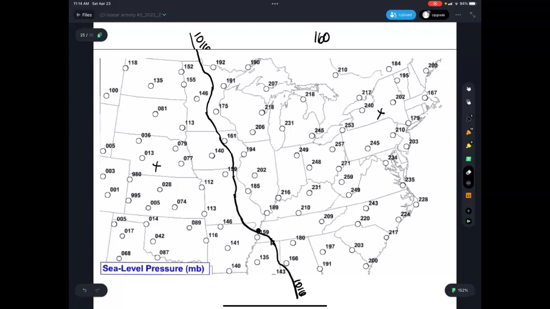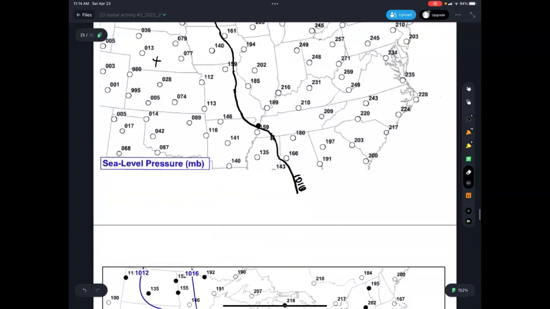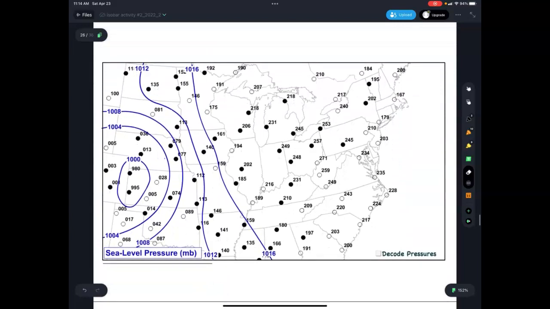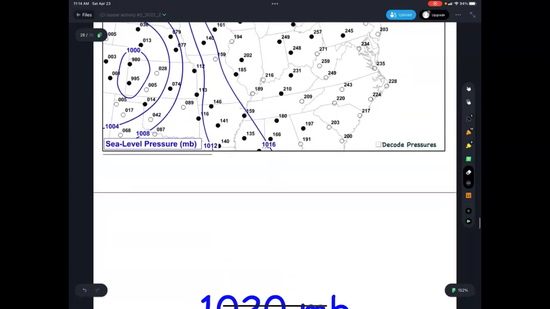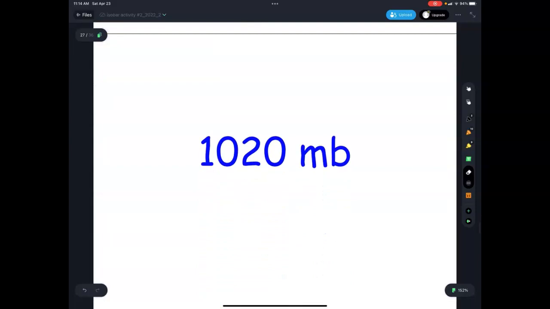And if we're going to go by fours, the next isobar we're going to look at, again, the computer's doing it much better than we are, we're going to do the millibars of 1020.